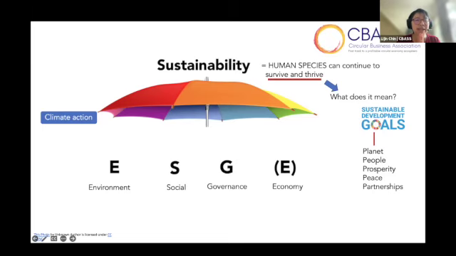Responsible in the sense that they are a responsible part of society, that despite doing business, they're actually good for society and economy, and now even environment. So there are parallels between ESG as well as the SDGs, right? There are only two differences. One is that in the SDGs, they've included peace and partnership as areas that need to be focused on.